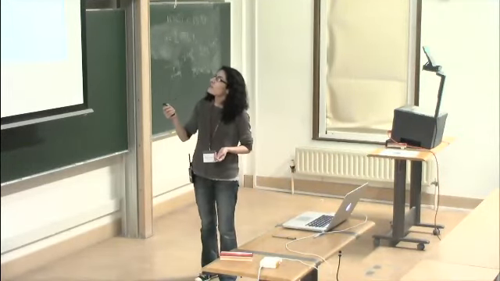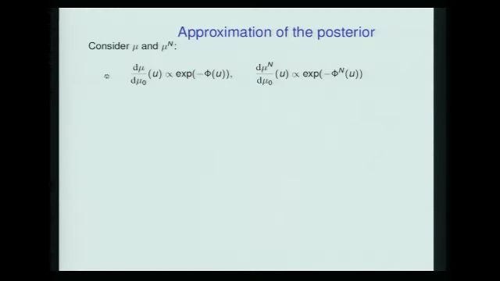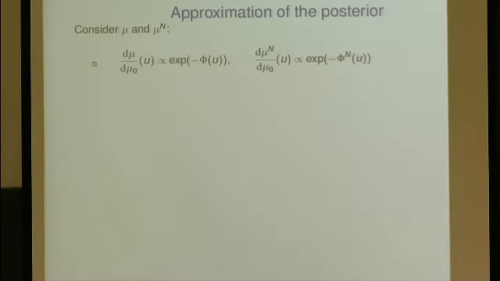So let's say you have a PDE, and you have some approximation of its solution, and therefore it shows itself in the form of phi. I told you that G, for example, if you have an inverse problem for a PDE, is related to the solution operator of the PDE.